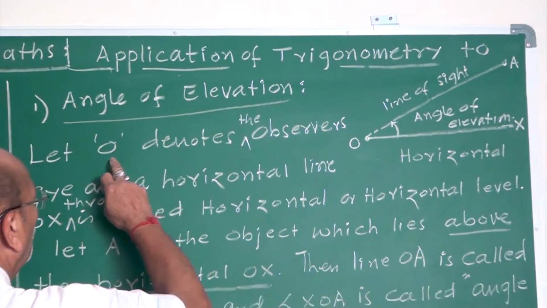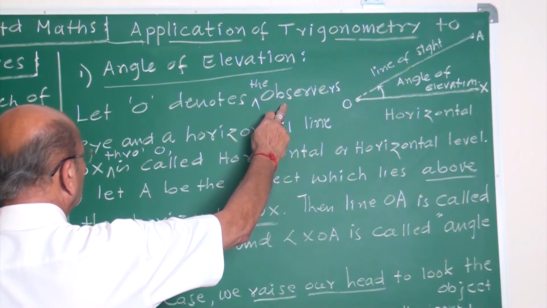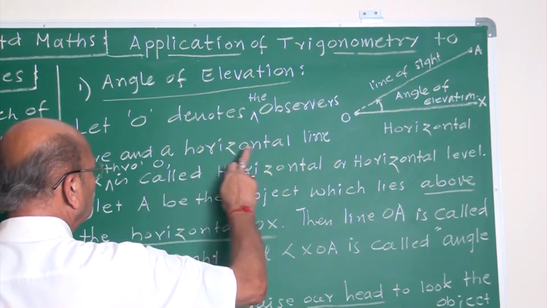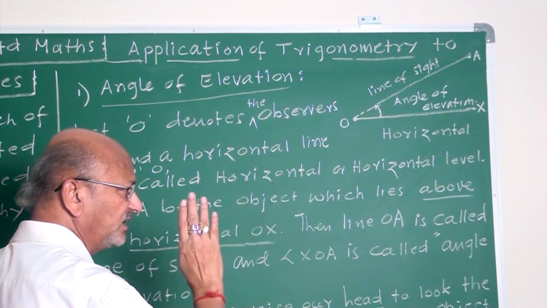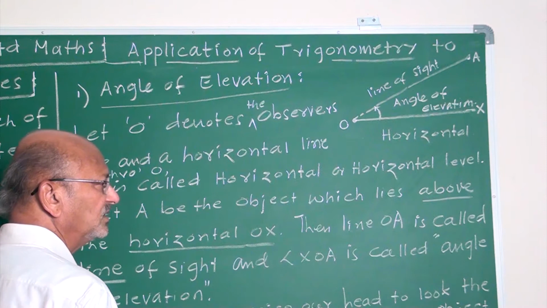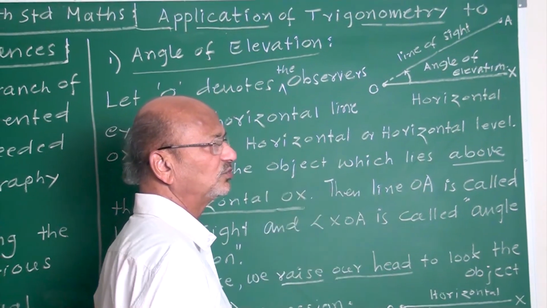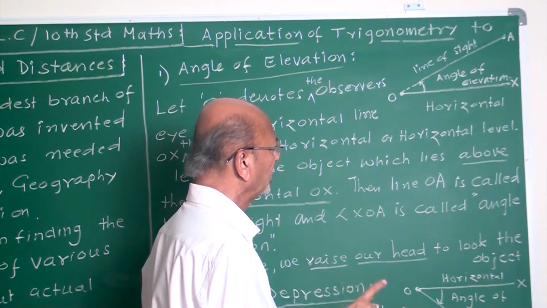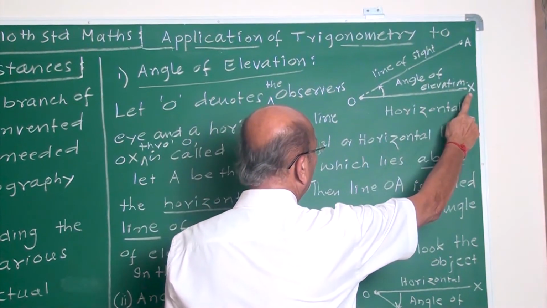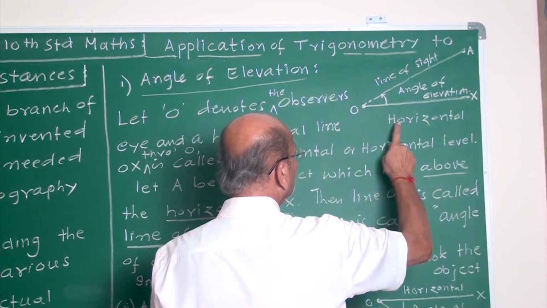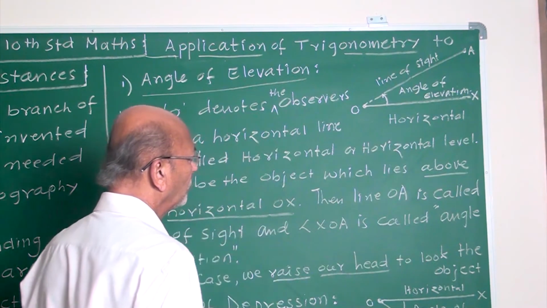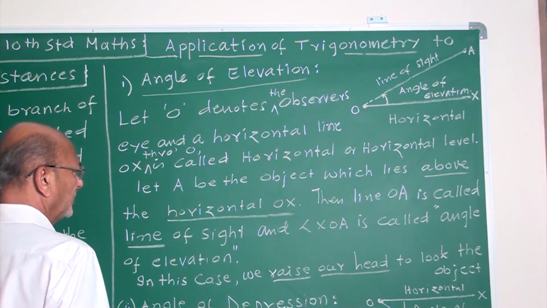Definition: let O denote the observer's eye. If you look straight, that line is called the horizontal, a straight line. The straight line OX through O is known as horizontal or horizontal level or horizontal line.